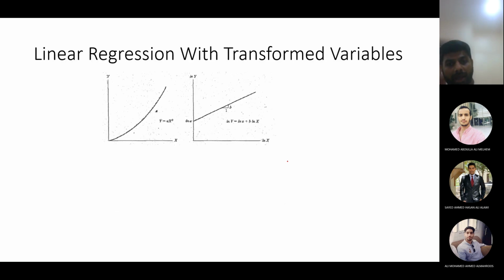Then another method of calculating non-linear relationship is by applying transformation, which you can see over here. You see I have a variable y which has a power relationship with x: a into x to the power b. So it's a non-linear relationship, right? How can I convert this non-linear into a linear relationship?